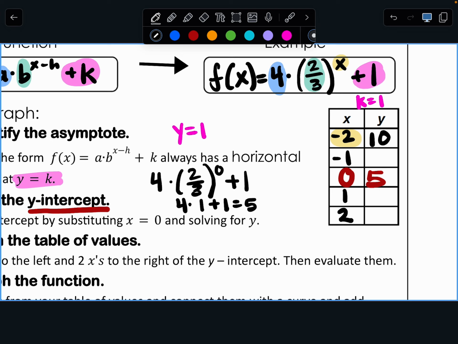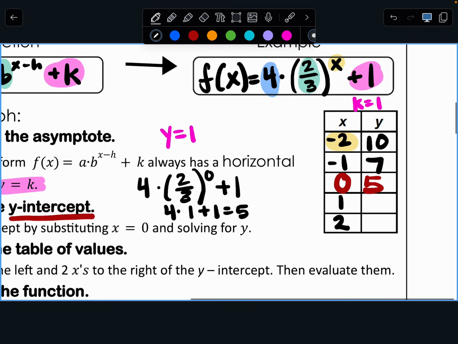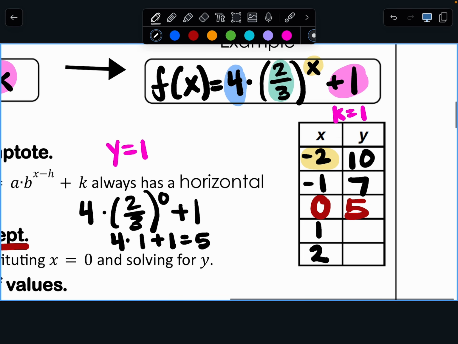Then I can substitute in -1 for that exponent, and I would get 7. Keep changing that exponent to the x value. The next one's 1. And I would end up with 3.67.